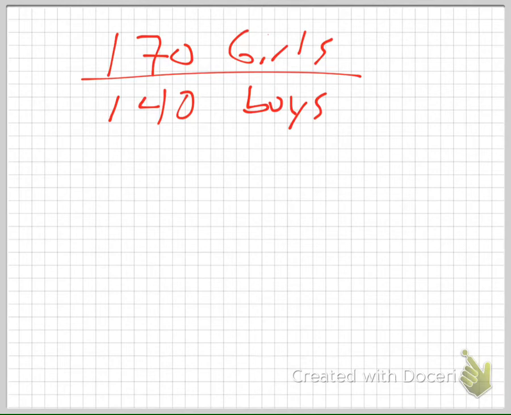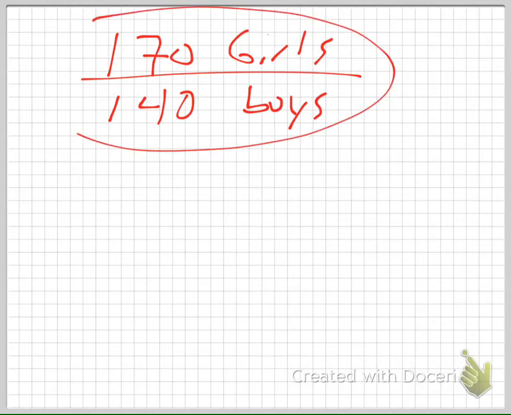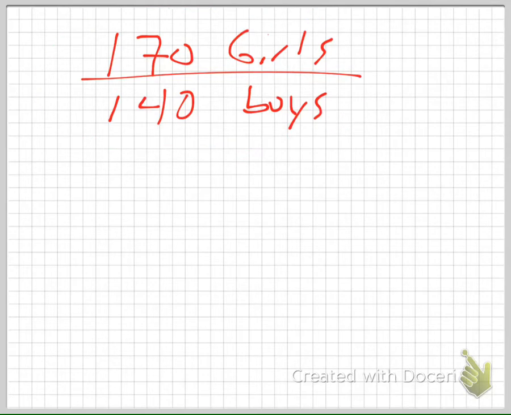I am allowed to reduce this. I don't turn this into a mixed number, because this isn't a fraction. It's not like all of a sudden you go, well, is it 140th? That doesn't make any sense, right? We're talking about a ratio here. But you can reduce it.